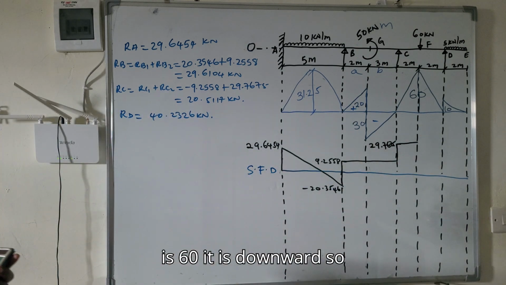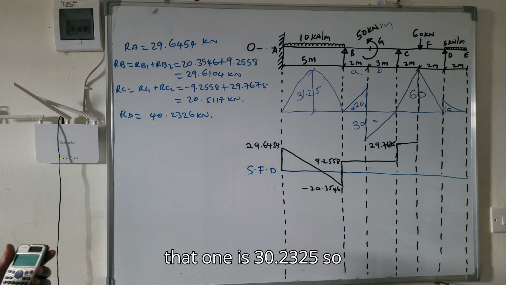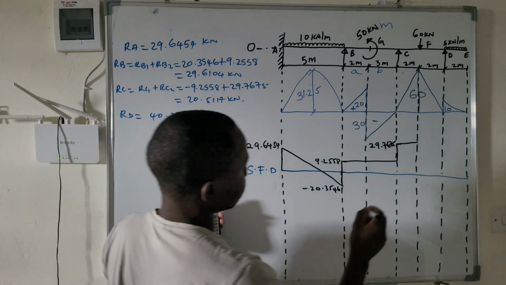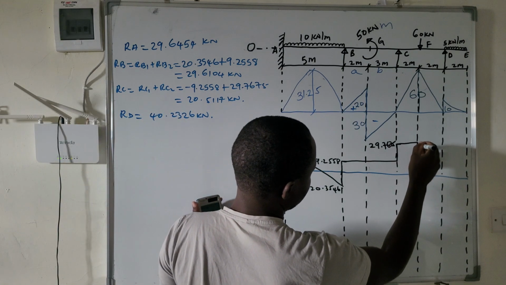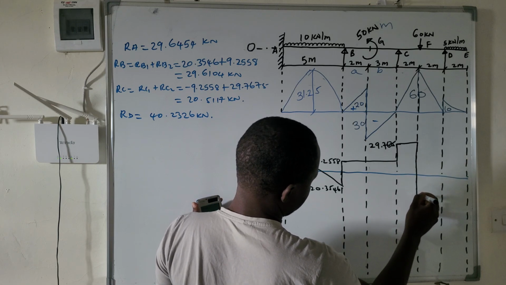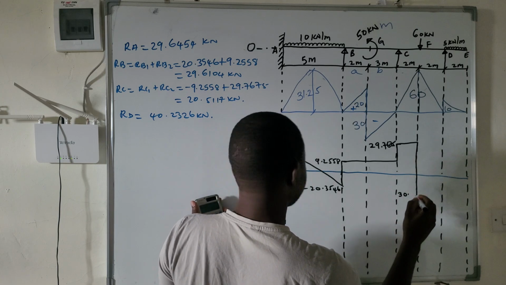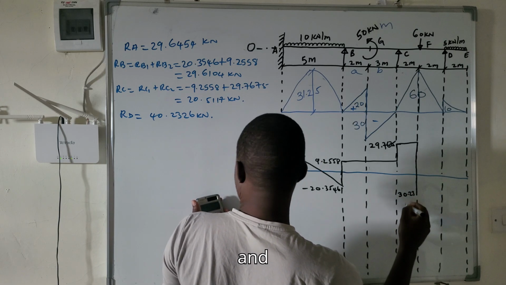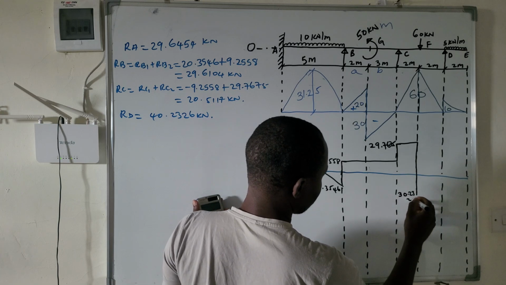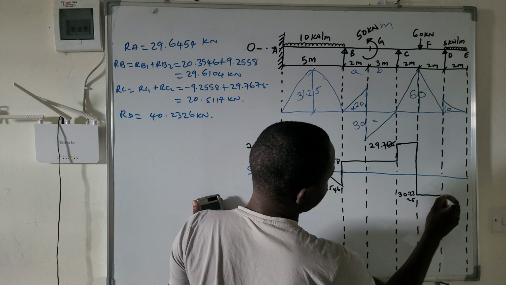It is downward, so minus 60. That one is 30.2325. And then it will be constant up to RD.